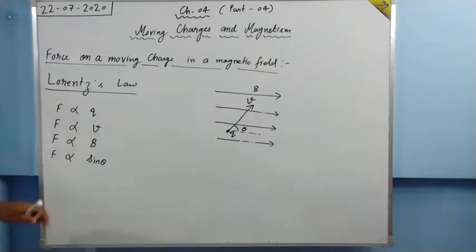Okay, for this, many experiments were done. After that we reached this conclusion. I'm not discussing those experiments, but because of those experiments we have concluded these results. These are standard results, right?